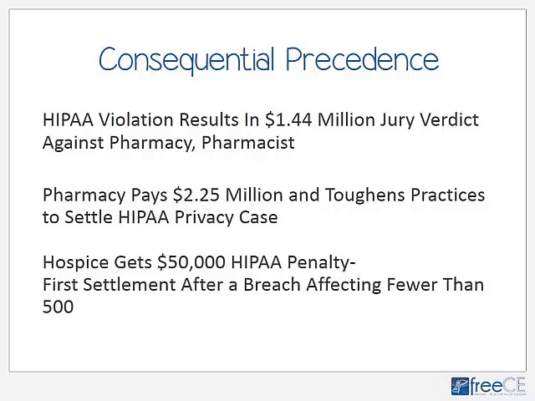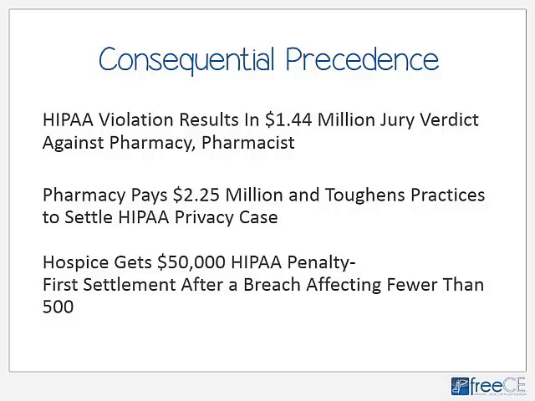to pay in turn. In this last example that includes hospice, for the first time, a federal investigation of a health information breach that affected fewer than 500 individuals resulted in a penalty for HIPAA violations. The OCR acknowledged in its statement that a stolen laptop contained protected health information of 451 individuals that were patients in the hospice center.